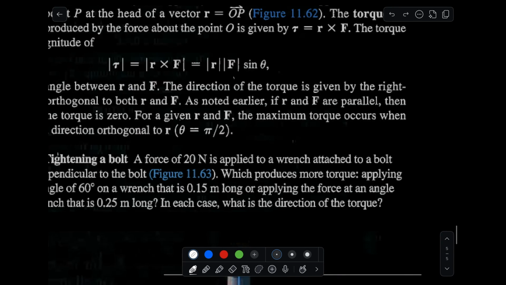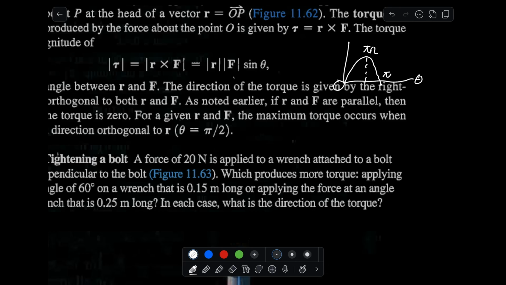And remember, sine theta is a function that gets its max height at pi over 2, right? And it can only go from 0 to pi over 2. So right here is where pi over 2 is. This is where pi is. This is where 0 is. And it's from theta to the value of sine theta, right?